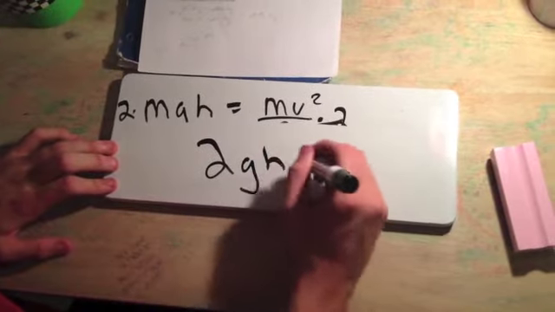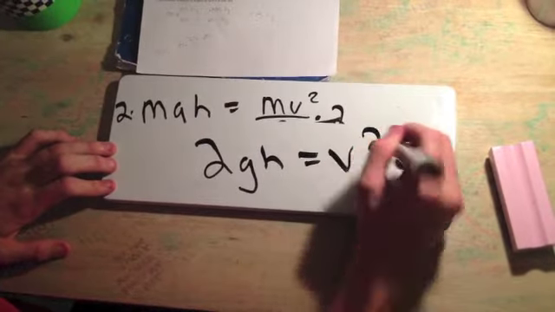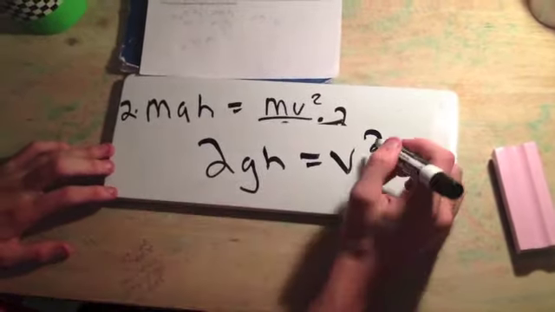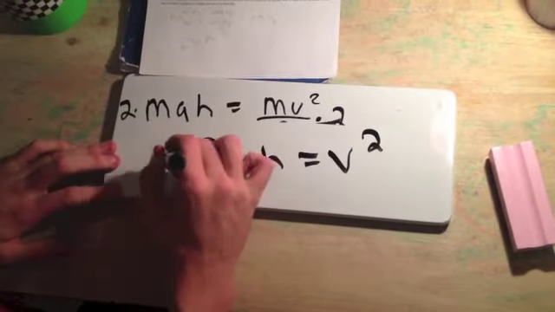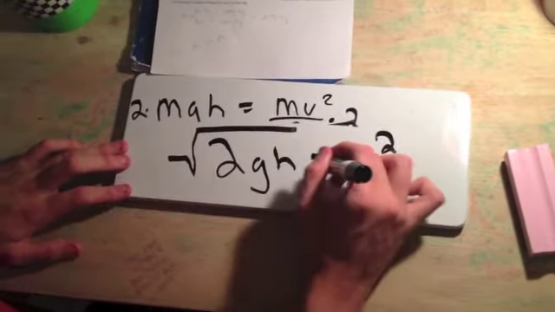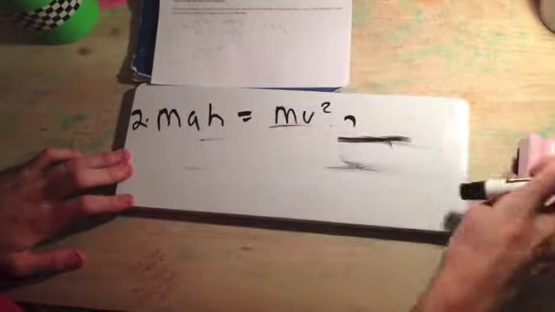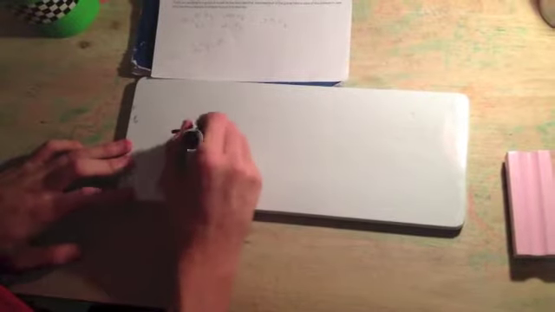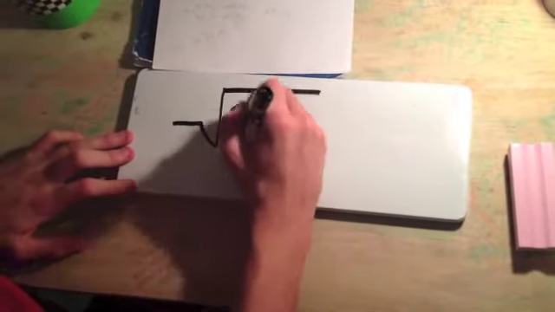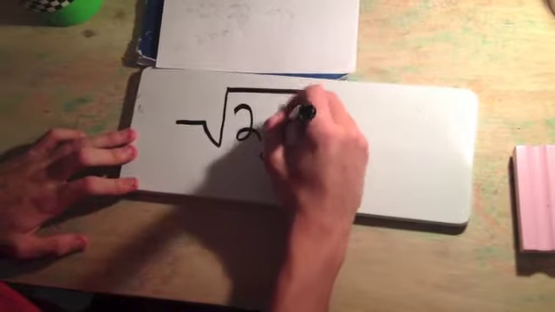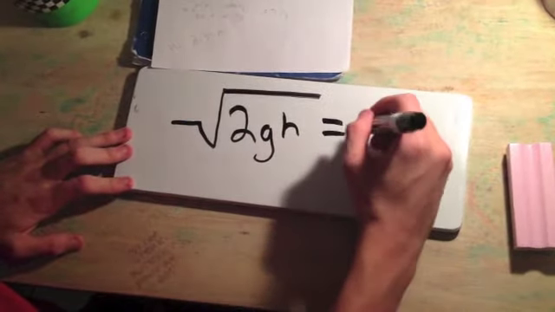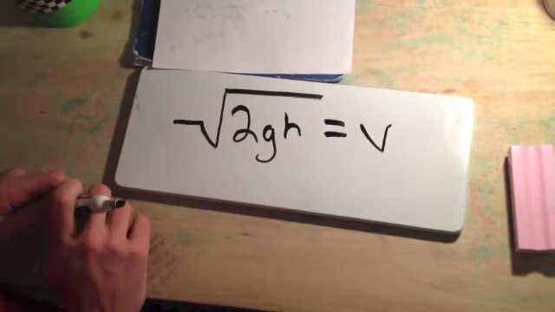So then we're left with 2gh is equal to velocity squared. And now we need to get rid of the square, so we can square root all of this. It gives us this equation: radical 2gh is equal to final velocity.